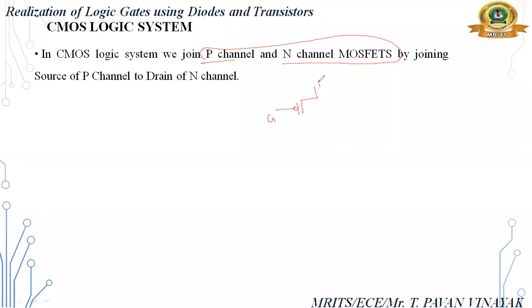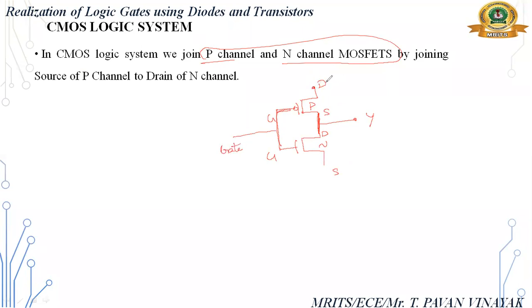This is gate, this is drain, this is source. Input is given by combining the gates.